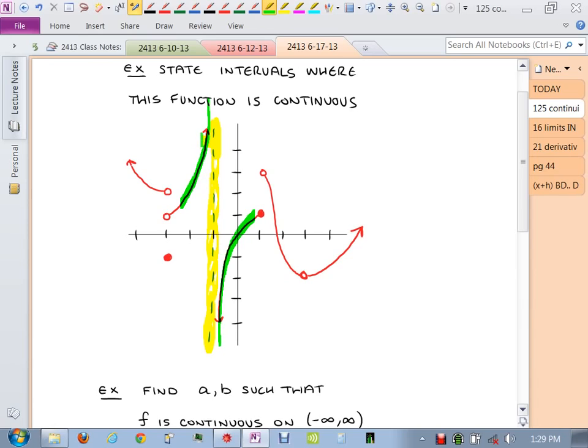So there's no way to draw this without stopping and then starting it on the other side. But it's different than a jump discontinuity because what? Where's our function headed? To infinity. So we call those infinite discontinuities because your function is going to infinity. Y'all see the difference between the jump and the infinite?